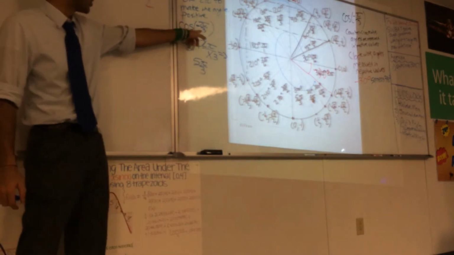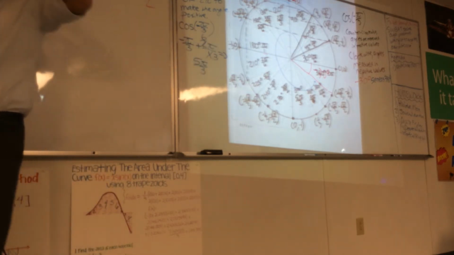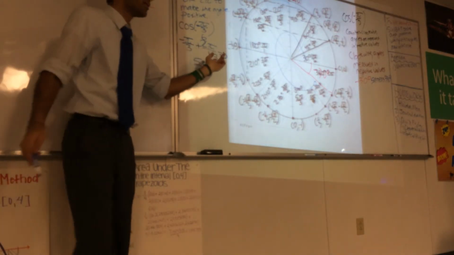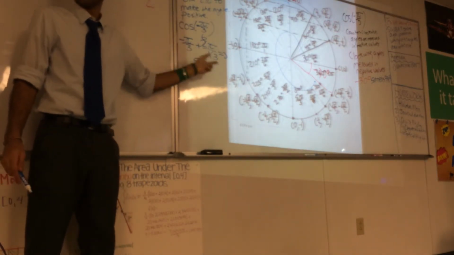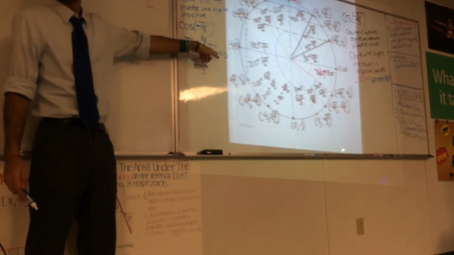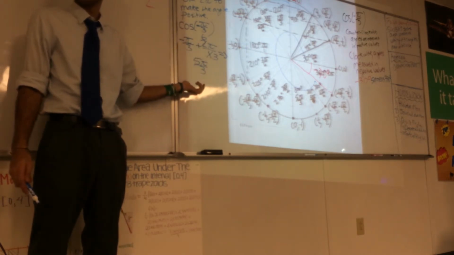So I took negative pi over 3 and I said I want to add 2 pi over 1. I want to add 360 degrees. 2 pi is the exact same as 360. So I need to get a common denominator of 3, so multiply the top and bottom by 3. So 6 pi over 3 plus negative pi over 3 is 5 pi over 3.